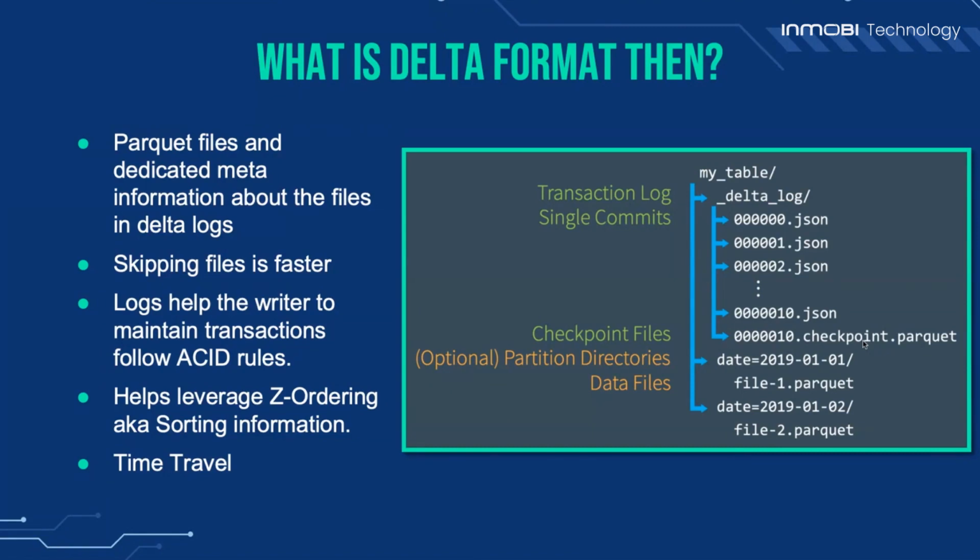So if file one is getting updated, it will generate file1 prime.parquet, and in the JSON file it will mention that the only active one is file1 prime.parquet, not file1.parquet. Now file1.parquet is data which is redundant in nature and not applicable all the time, but may be useful when somebody wants to roll back a particular thing.